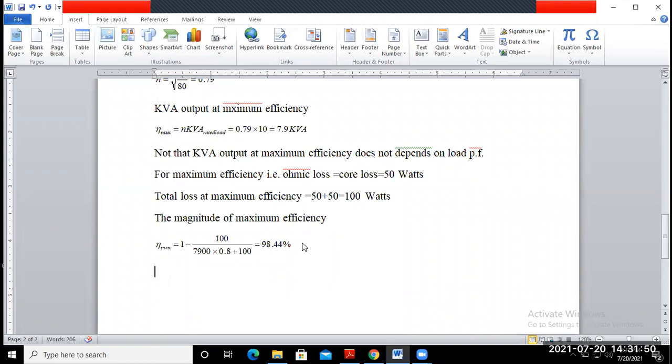From the data of the short circuit test, you can find the equivalent resistance on the high voltage side and the reactance on the high voltage side.